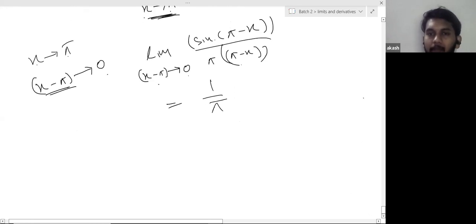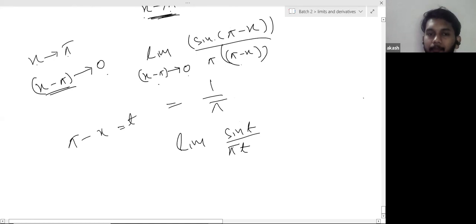Another method you can use is, you can take pi minus x as t. So you can change the limit to sine t upon pi t.